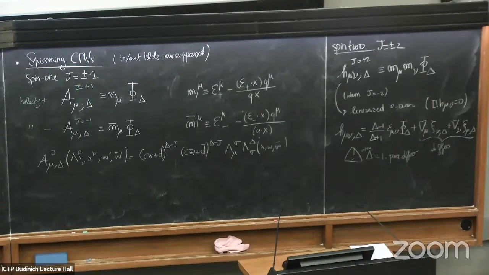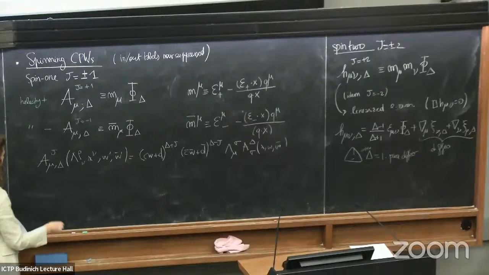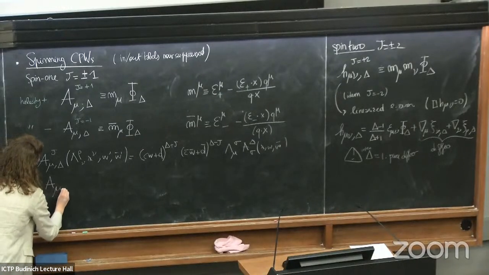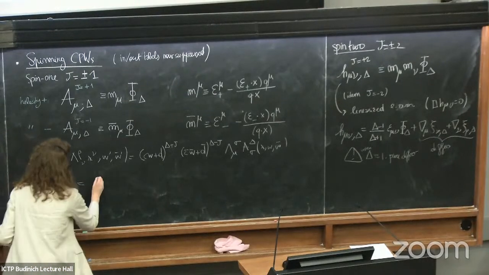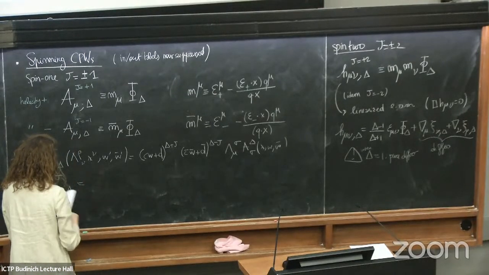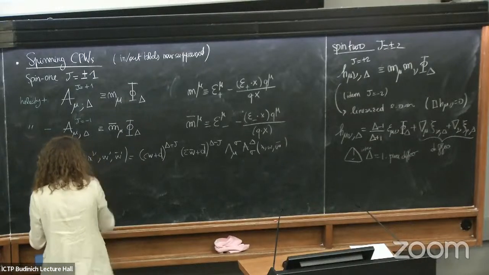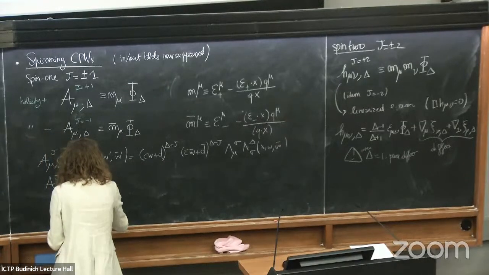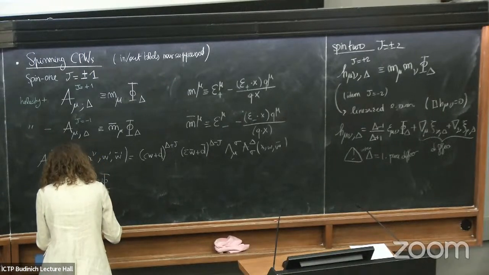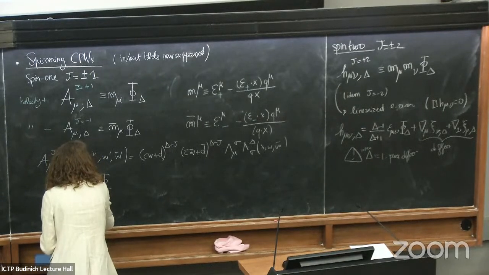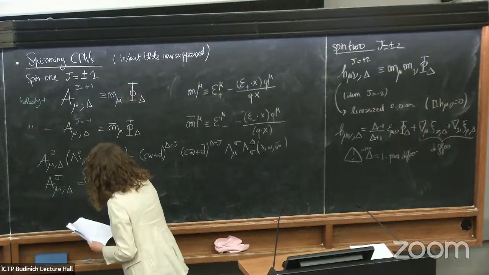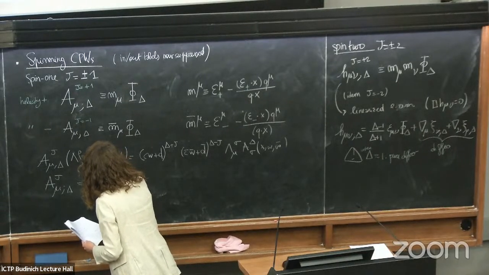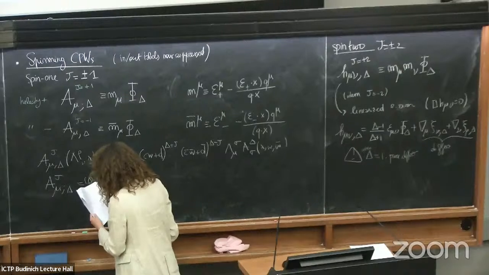And similarly for the A mu, it is gauge equivalent to epsilon mu times the scalar, and the factor is delta minus 1 over delta. So you can see again that delta equals 0 and delta equals 1 seem to be important values of the conformal dimension.